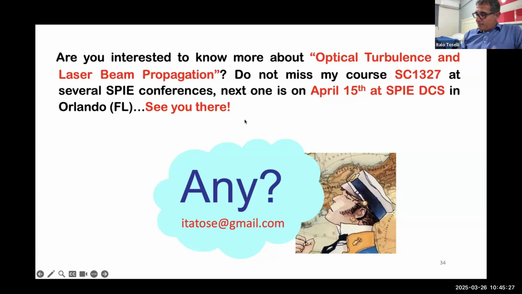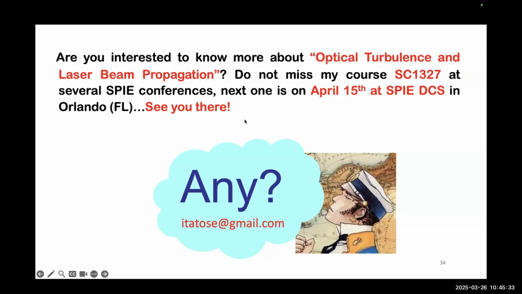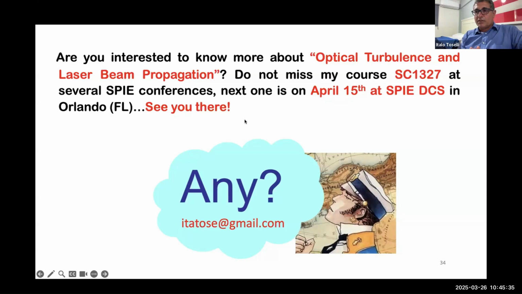But there are so many aspects to consider that it's hard to answer with one basic phrase, because it depends on what kind of beam. I talked only about Gaussian beams, but there are many exotic beams that can improve performance, multi-aperture, many things that are in the lecture that you can take a look at. And it's hard for me to tell you what is the best, to be honest.